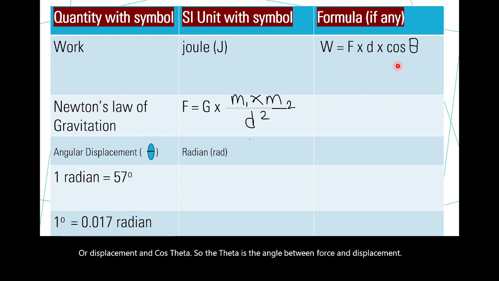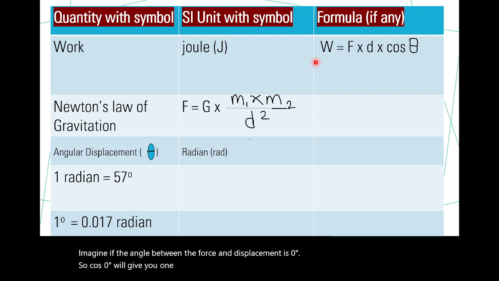Imagine the angle between the force and displacement is 0 degrees. So cos 0 degrees will give you 1, and this formula will become F times d only.